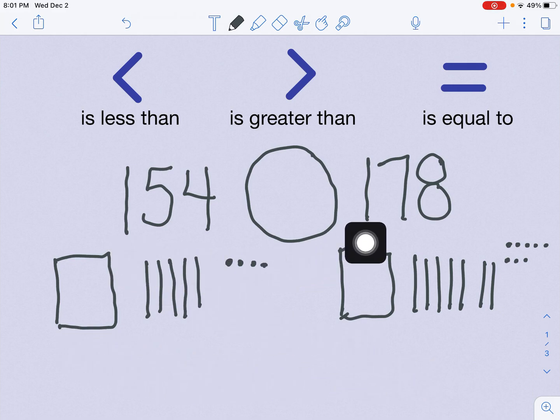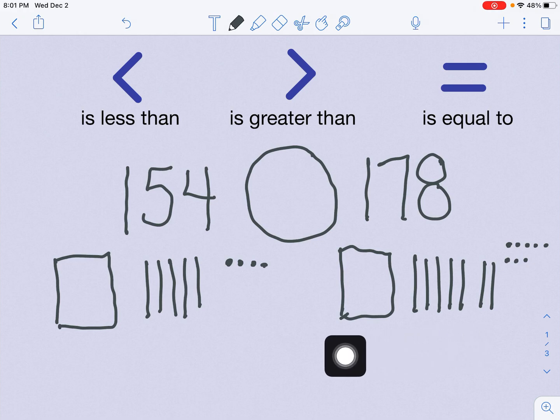Just like up here, they both have a 100. Then we have to look to the tens. So if the number of the hundreds is the same, I look to the next greatest place value position, which is the tens place. In this one, I have 5 tens. In this one, I have 7 tens. So in that case, we would now hopefully be able to make a decision. What if the numbers in the tens place would have the same number?